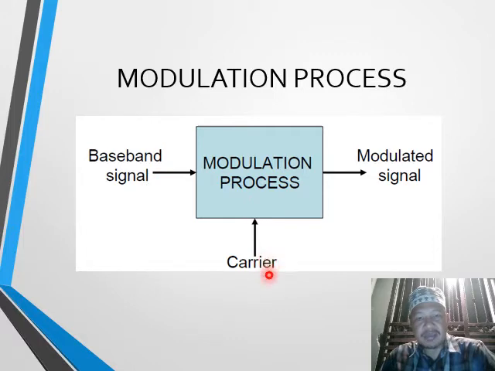The second input is the high frequency carrier signal, FC. These inputs come into the modulation process and will produce the output known as the modulated signal. So that is a brief description of the modulation process.